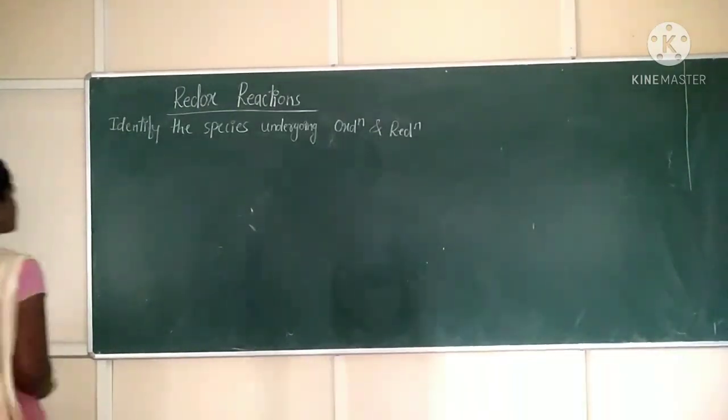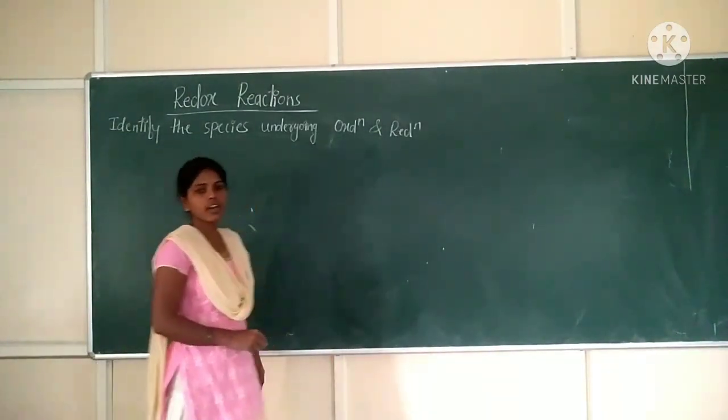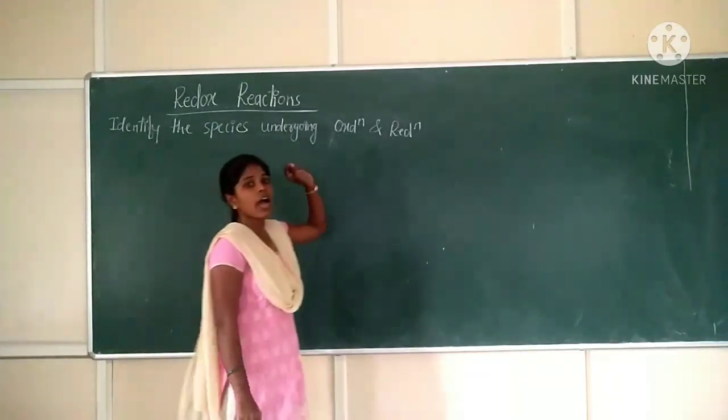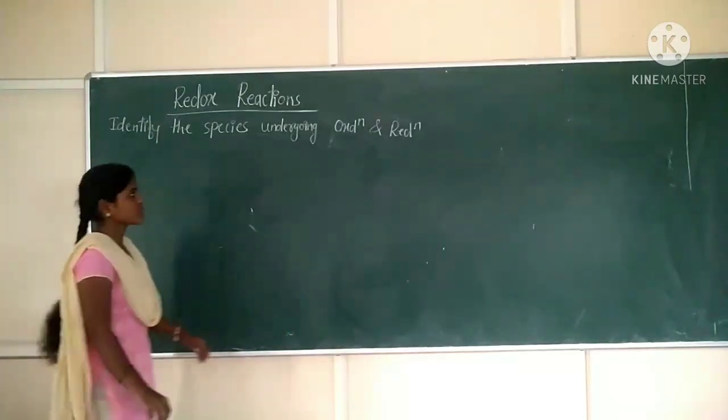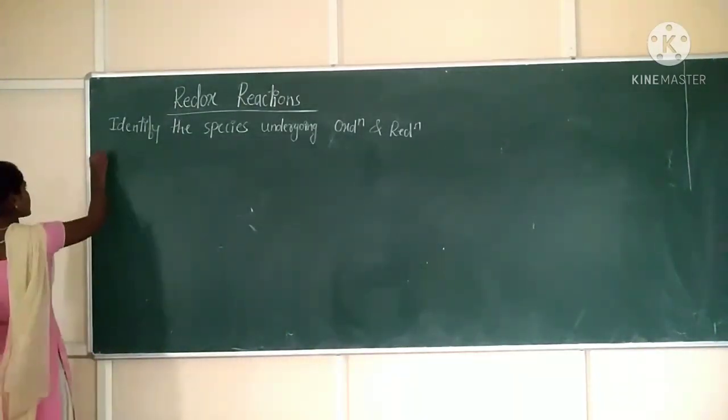Now, here identify the species undergoing oxidation and reduction. I already said that oxidation and reduction reactions occur simultaneously. Here we have one example.